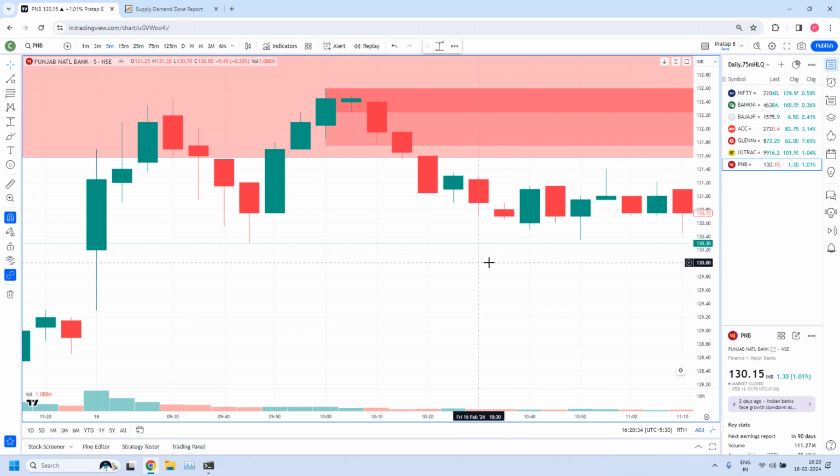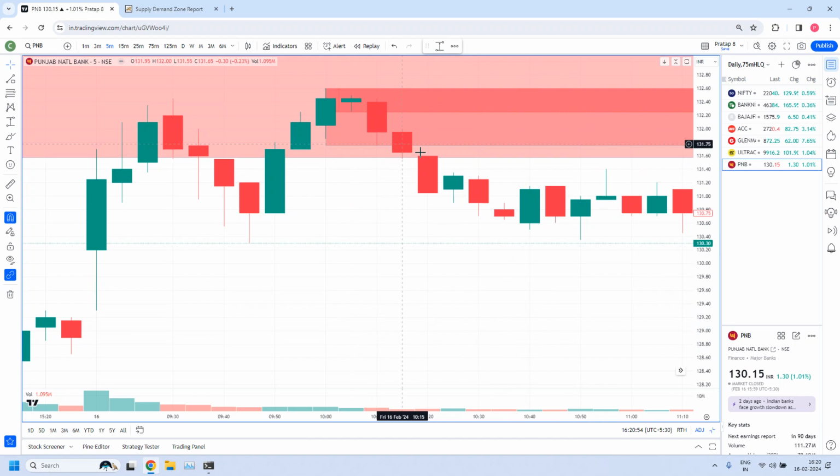Now this zone is a valid zone. Next time when prices enter into this zone, it might happen today itself or after a few days, maybe after 1 week, after 10 days also, in case the price goes down sharply.